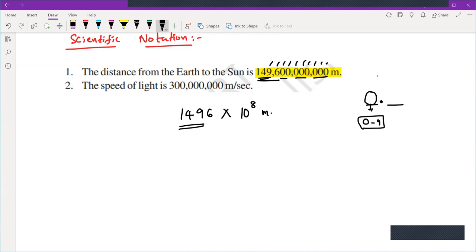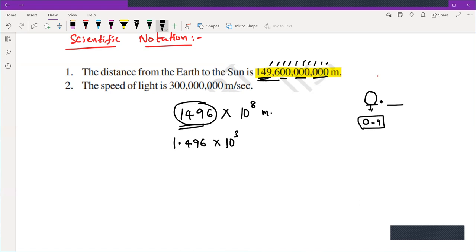Since it is not a single digit before the decimal, we are going to write this as 1.496 into 10 cube. Can we write it? Yes, sir, we can.